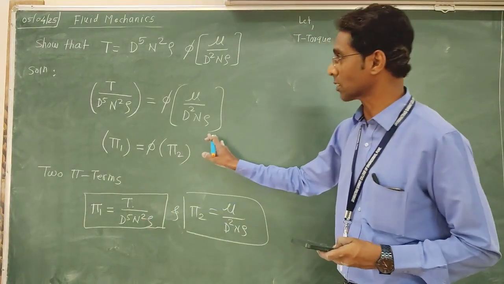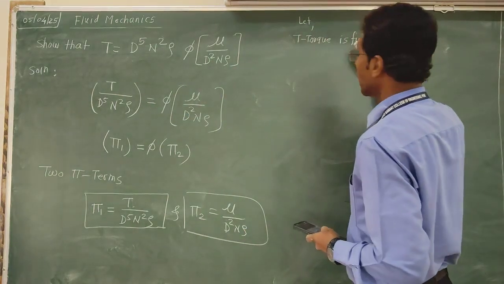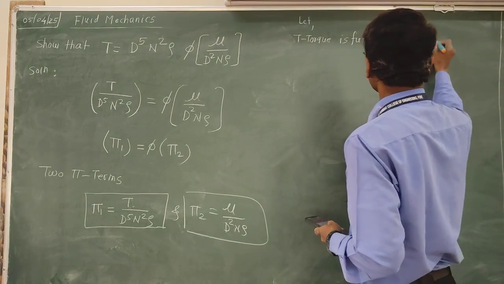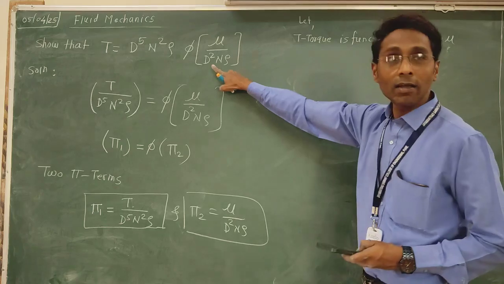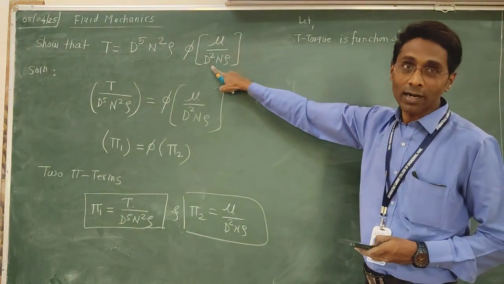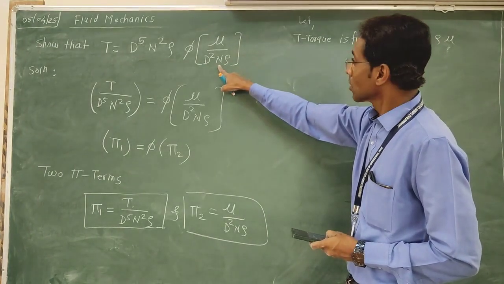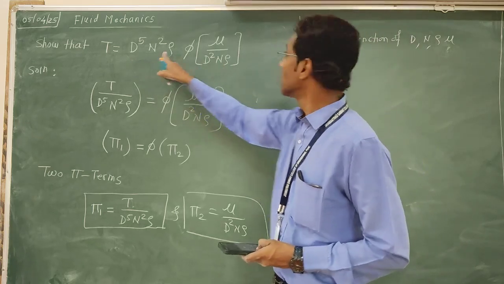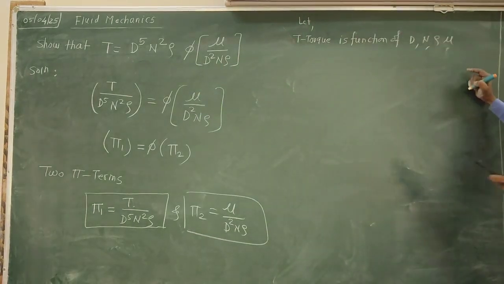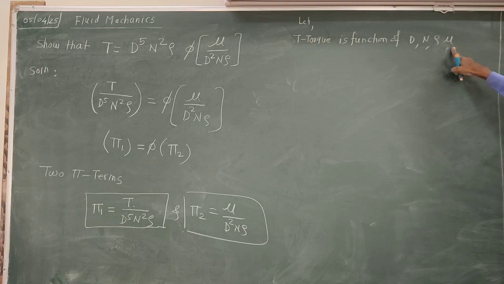All the remaining parameters, excluding T: d, then n, rho and mu. These are diameter, speed, density and dynamic viscosity.